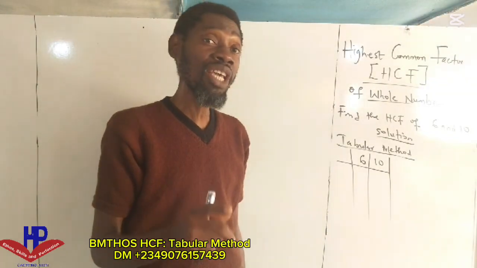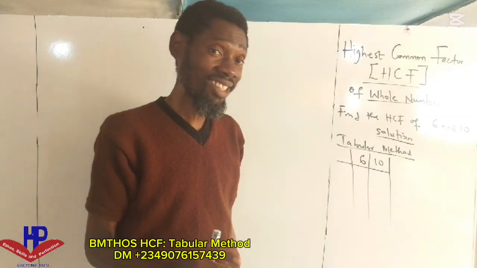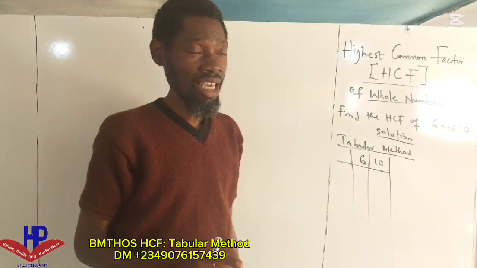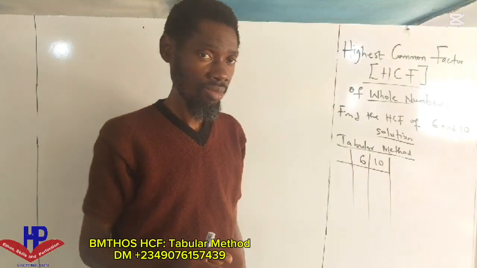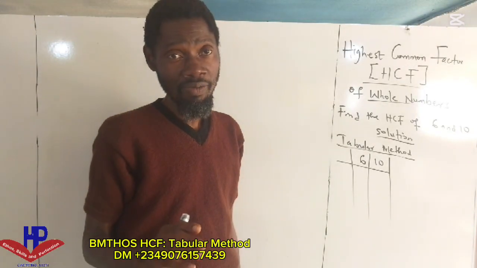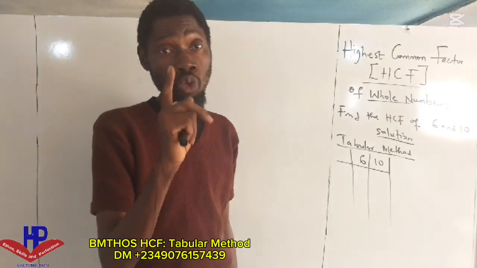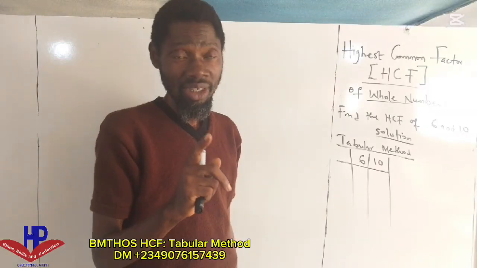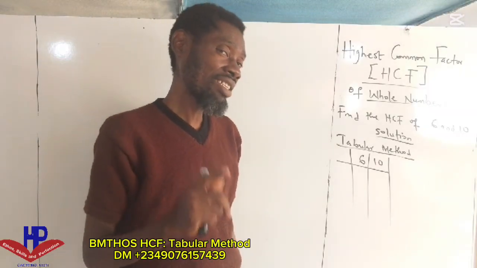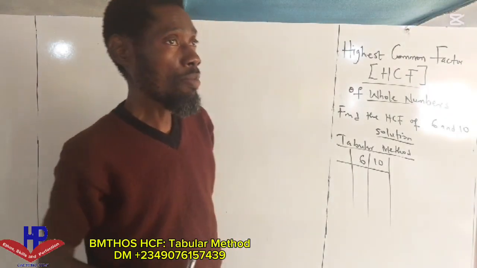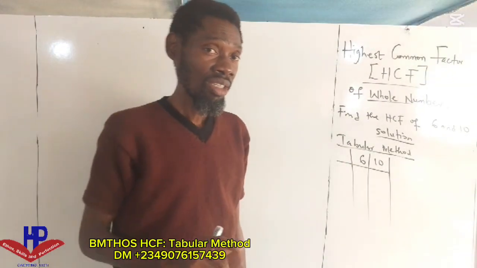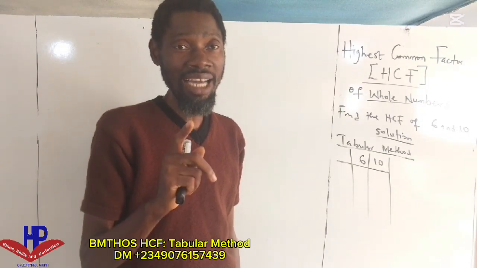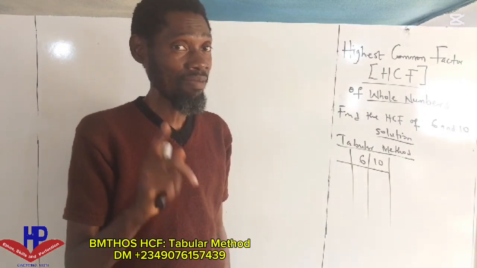If there is no such factor, then do not go further, because your HCF is 1. If there's no number that can divide the numbers you're dealing with at the same time, then your HCF will be 1, because it is only 1 that can divide all numbers at the same time.